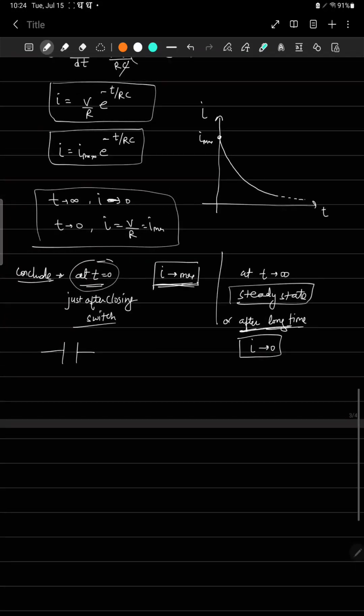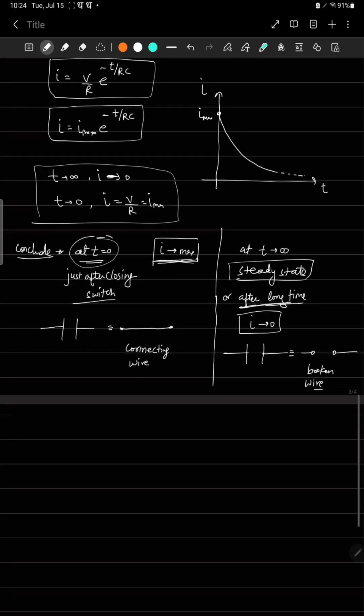That's why the current is V by R. So the capacitor behaves like a connecting wire, and you can replace it with a connecting wire. And when t tends to infinity, the current becomes 0. That means the capacitor will behave like a broken wire, meaning the circuit is broken, which is why there is no current flow in that branch. So these two concepts we normally use in circuit problems.